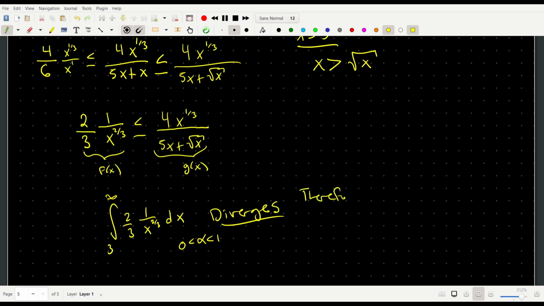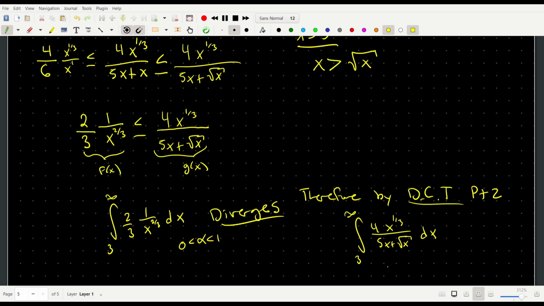And therefore, by the direct comparison theorem, we can state that the integral that we started out with, which we don't know the actual value of, must also diverge, because it's always bounded below by this comparison function whose integral is divergent. So let's see a graphical visualization of this similar to before.